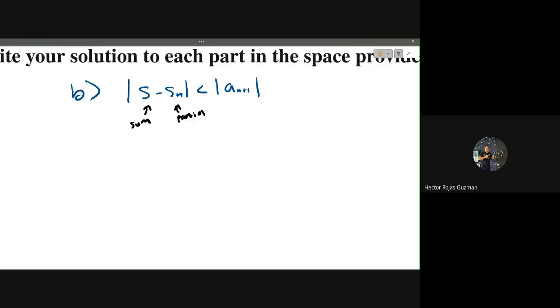Because the sum of the series is like the exact answer. The partial sum is just an approximation. It could be really close, but it's not going to be exact. So when you subtract them, there should always be an error. And the error is going to be, at most, the absolute value of the next term. So we kind of have to figure out what term we should be using.